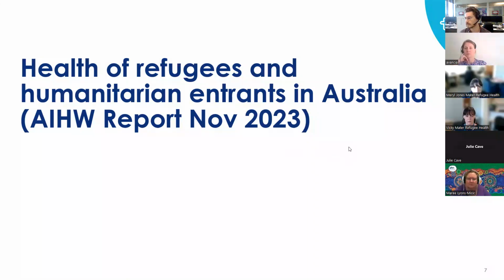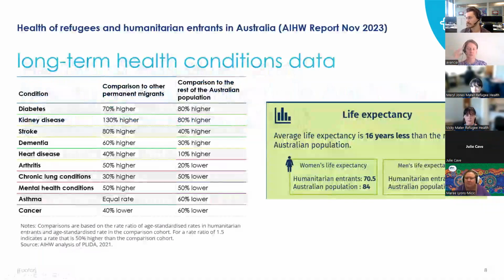Of particular note, Sam, go to the next page. In the long-term health conditions, there are some areas in particular that are significantly higher for people from a refugee background. Kidney disease in particular was 130% higher compared to other permanent migrants and 80% higher than the Australian general population.